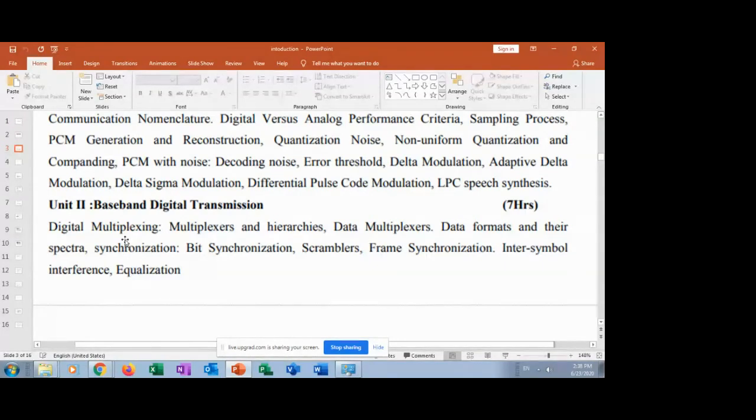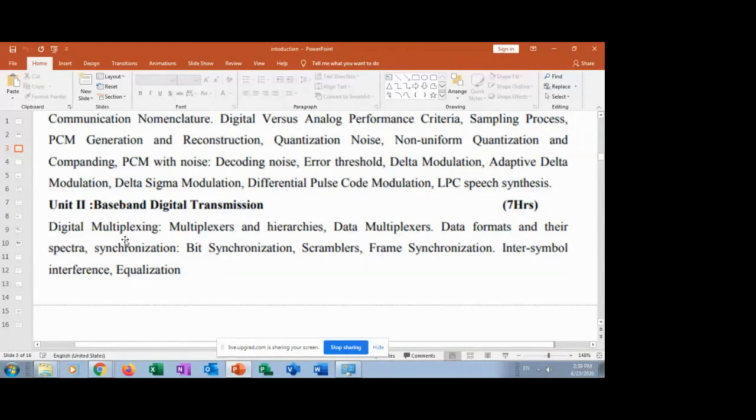In analog communication, there was one type, frequency division multiplexing. Why is it given the name frequency division multiplexing? Because if you want to transmit different information over a common channel, that is multiplexing, and we use the name frequency division because all the information signals are in continuous, analog form.